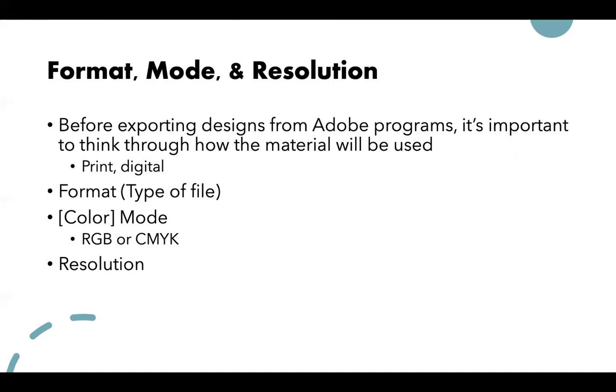Just know that CMYK gives you, since there's one more color in that mix, a broader range of colors to show up, but then RGB. And then resolution. So, how many pixels per inch are going to be in that graphic.